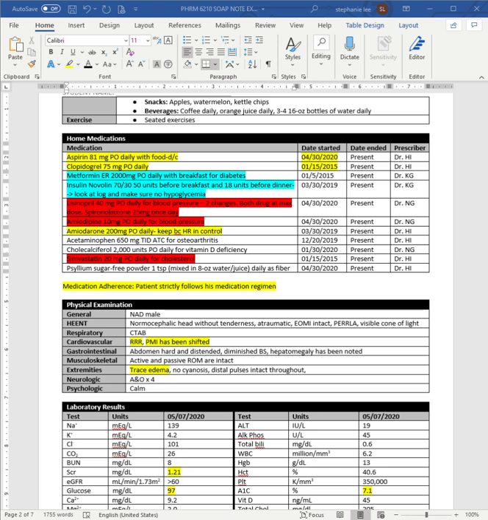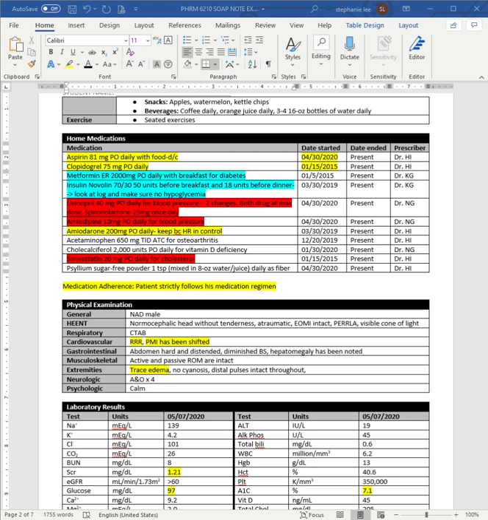My anticoagulant of choice for this patient is warfarin, so I will initiate warfarin 5 milligram daily.